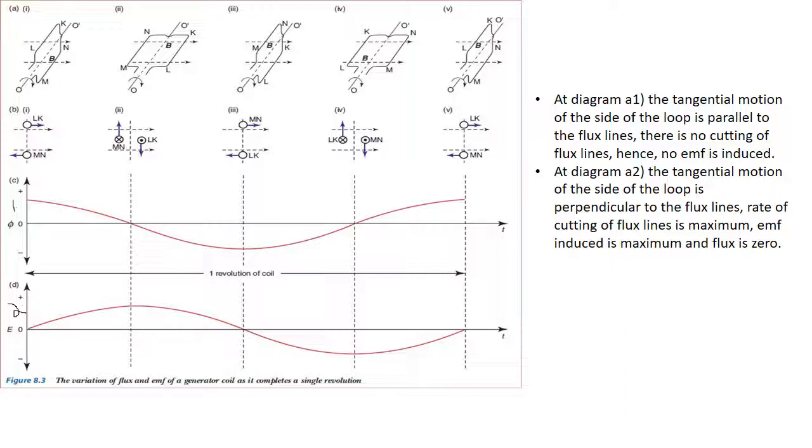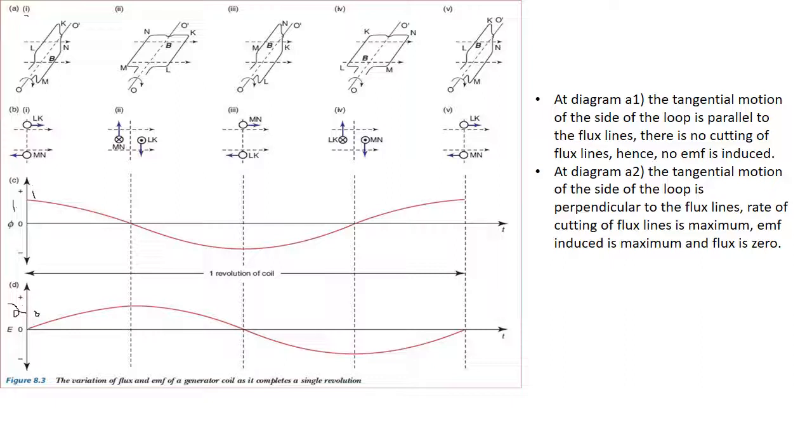Okay, so when the coil is in a vertical position, as you see in diagram A1 over here, with side LK on top and MN below, we see that the flux is at maximum here. I'll just put it as number 1. And we see that the EMF is 0.